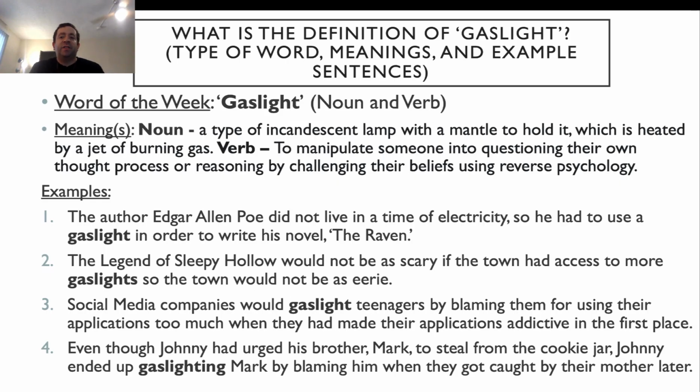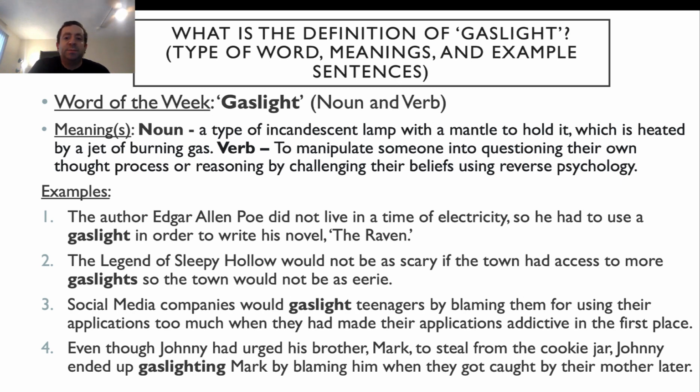So what is the definition of gaslight? The word itself is gaslight. We're going to talk about the type of word, the meanings of the word, and some example sentences. Now, not every word in the English language has two types or three types. A lot of them are just a noun, a verb, or a pronoun, let's say, or something to that effect.